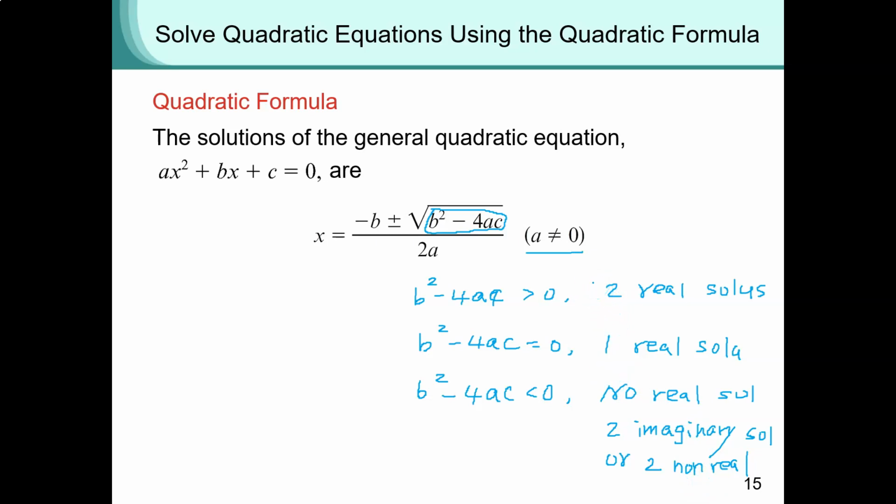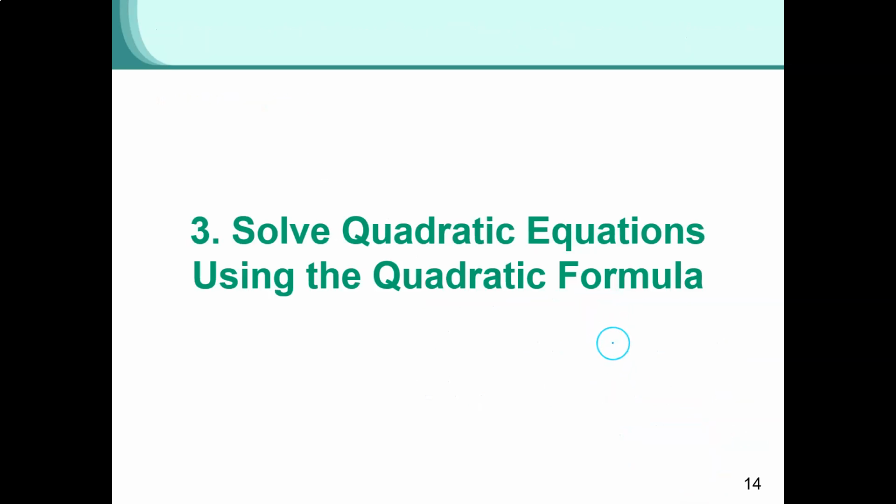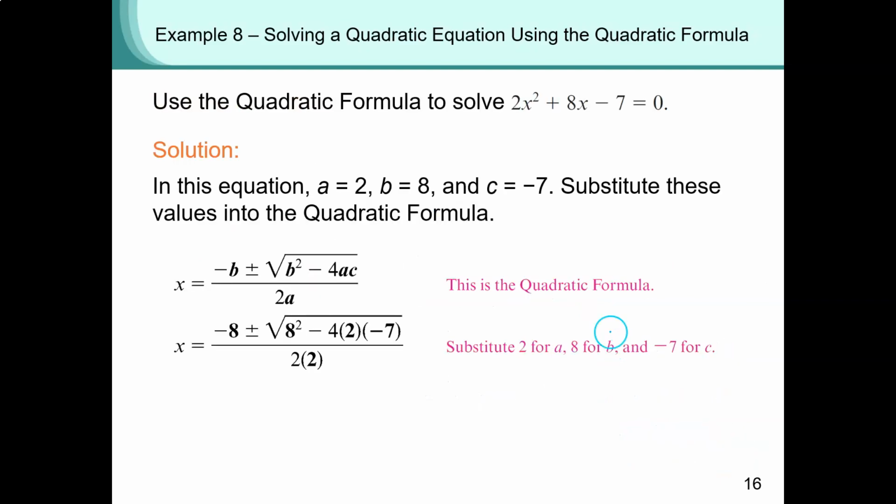So let's take a look at an example to learn how to solve a quadratic equation by using the quadratic formula. When you have an equation like this, generally we like to see whether we can use factoring to solve it.